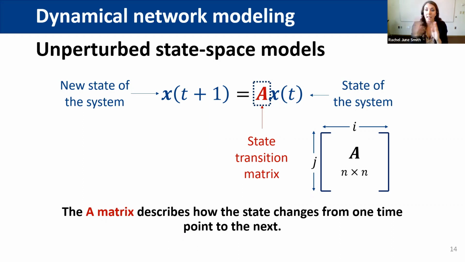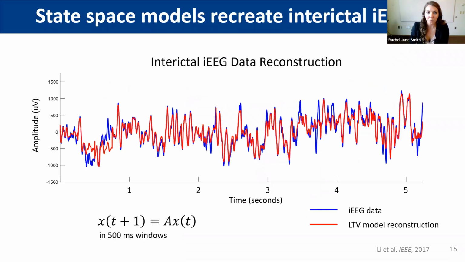If you look at the columns, say at node I in the column, each element in the A matrix tells you how node I affects node J, or row J, I'm sorry, in the next time point. So basically the A matrix describes how the state changes from one time point to the next, right?